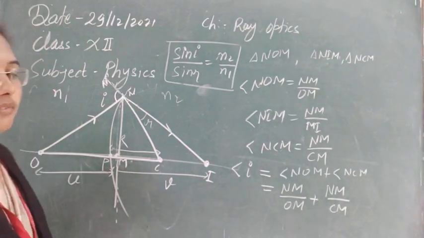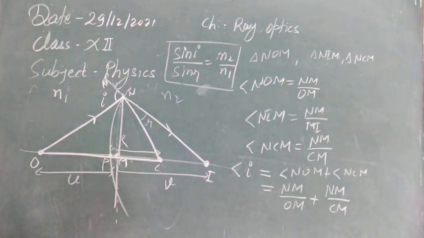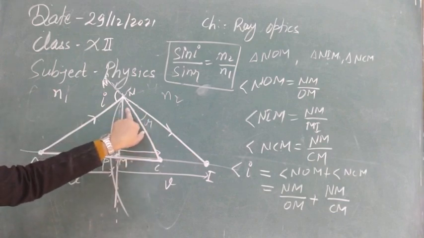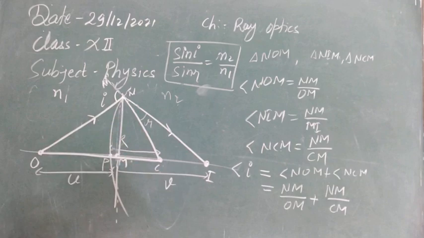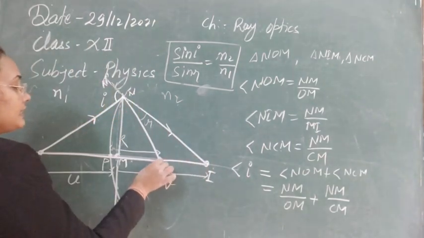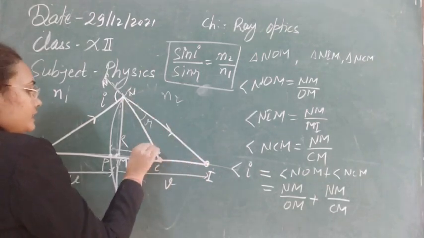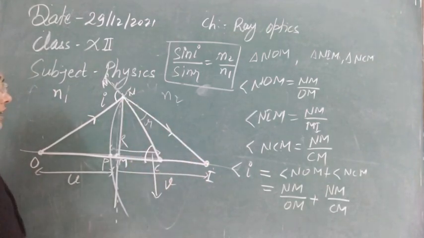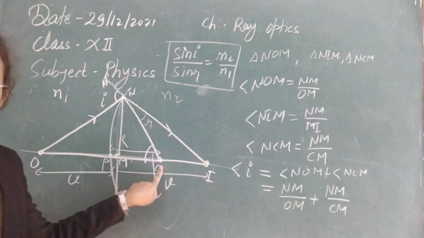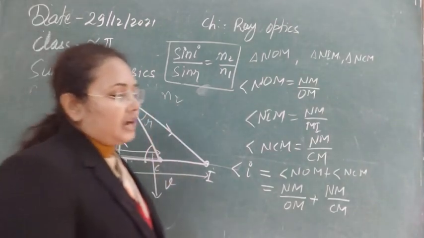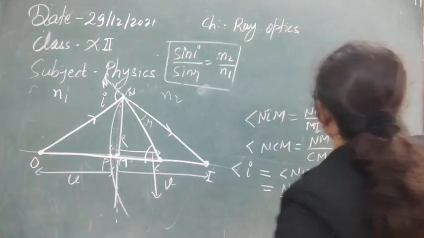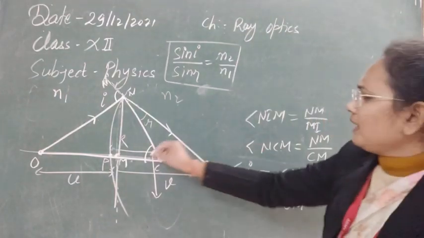Similarly, we can find out the value of R also. For finding the value of R, again let's use the triangle NIC. In this triangle, this angle is the exterior angle for triangle NIC. So again you can use the exterior angle concept, in which R will be included automatically. So let me write it here.